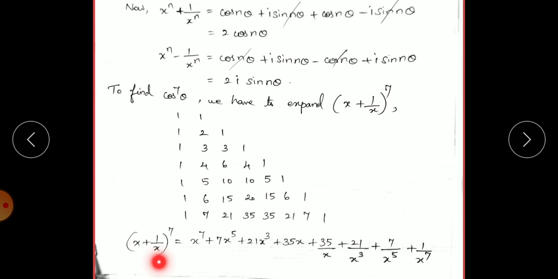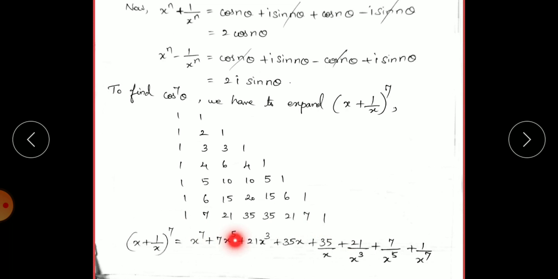Now x plus 1 by x whole power 7 can be expressed using the last step of Pascal's triangle. We have to start with the power 7. So x power 7, then 7x power 5, then 21x cube, 35x, then the reciprocals: 35 by x, plus 21 by x cube, plus 7 by x power 5, plus 1 by x power 7.